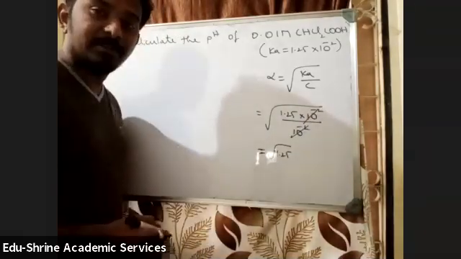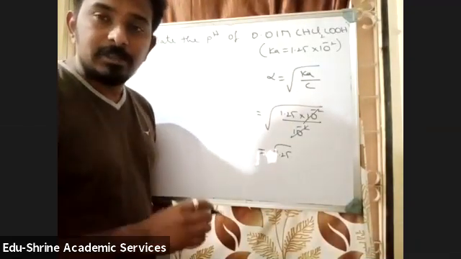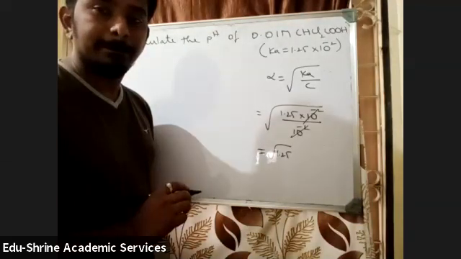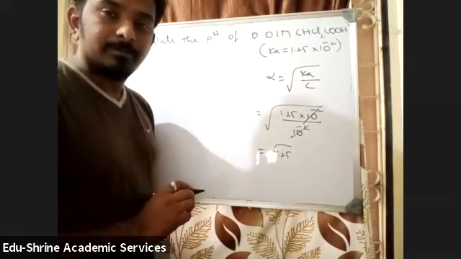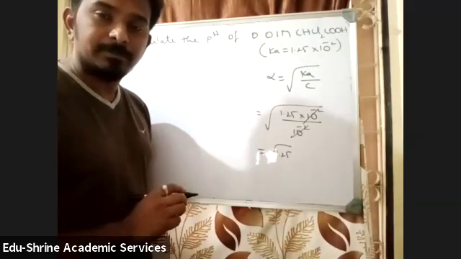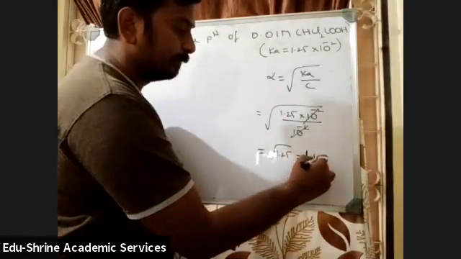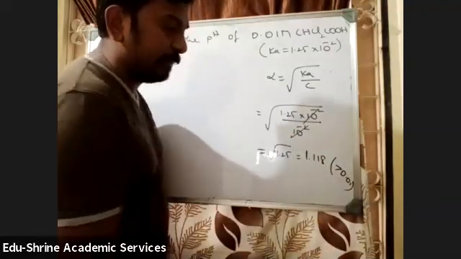How much will you get, students? You'll get greater than 0.01, no? Definitely you'll get, because this is 1.118. So this is definitely greater than 0.01.